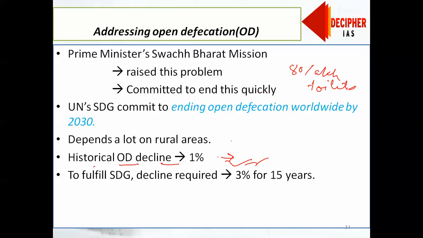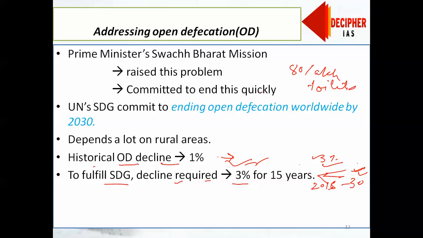Now, to fulfill the sustainable development goal of ending open defecation worldwide by 2030, India has essentially had to eliminate open defecation at a rate of 3% every year continuously for 15 years. That is from 2015-16 to 2030.